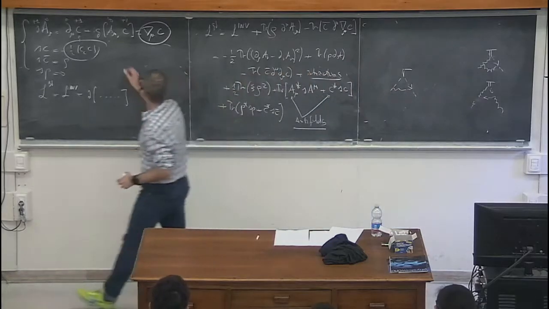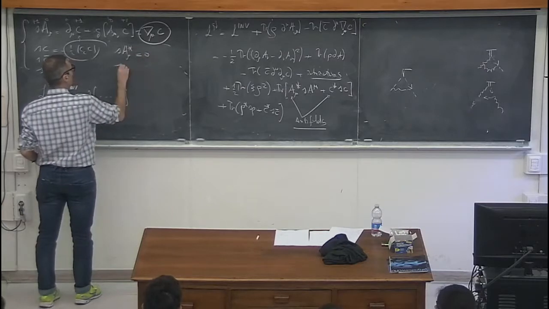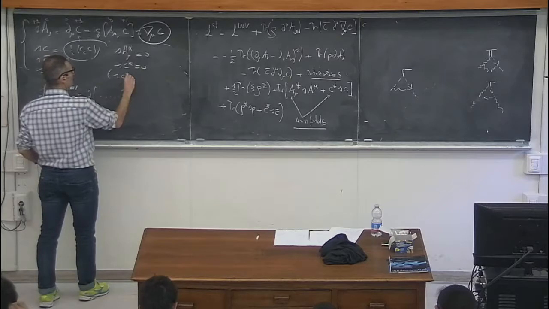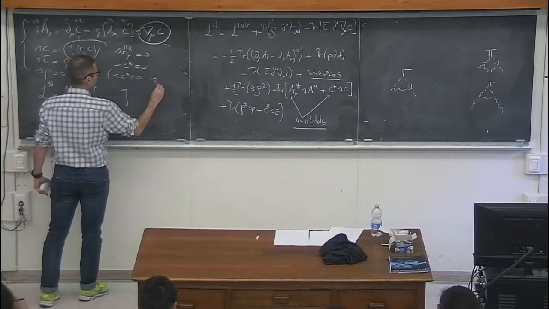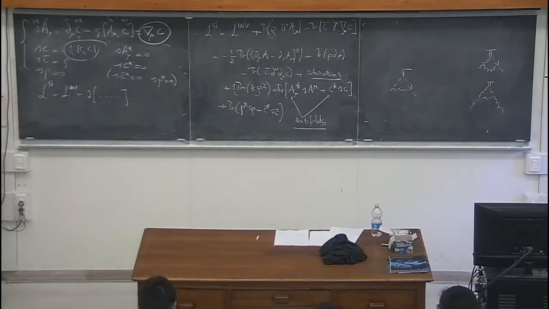So S of A mu star is equal to 0, and S of C star is equal to 0. Again, I can add also the other ones, and just require that those are invariant. So all these other fields are put invariant.